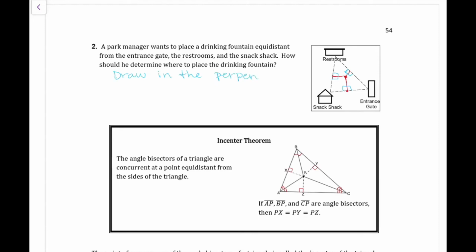This makes right angles on all of the sides of the triangle, and we need to keep in mind that this point will be equidistant from the snack shack, the restrooms, and the entrance gate. So we draw the perpendicular bisectors, they meet at a point of concurrency, and that point is our circumcenter.